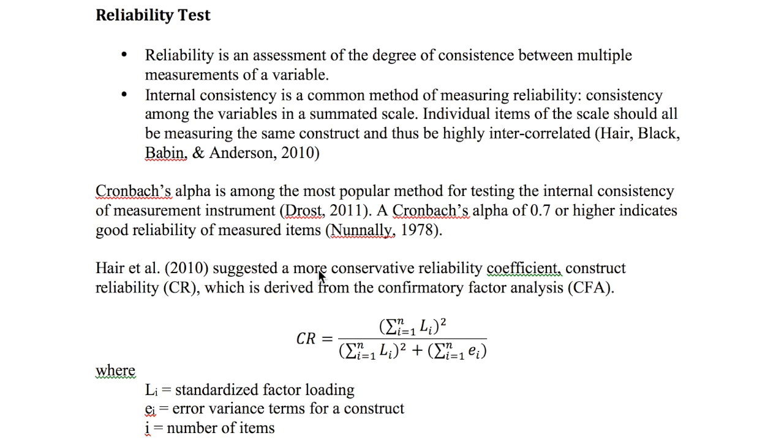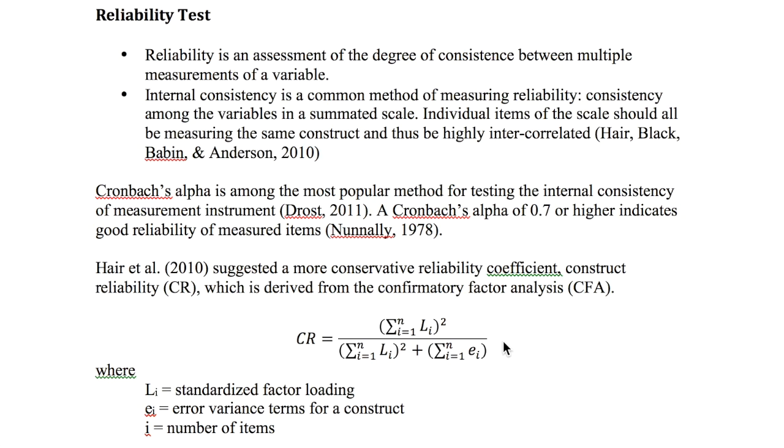The textbook suggests a more conservative reliability coefficient, also called construct reliability, which is derived and calculated from the confirmatory factor analysis. This is a formula that can be used to calculate the construct reliability. As we can see in the formula, the construct reliability is evaluated based on the factor loadings and error variance.